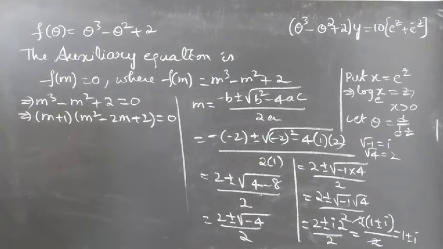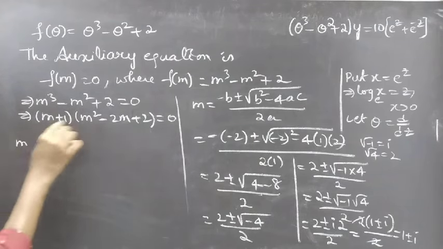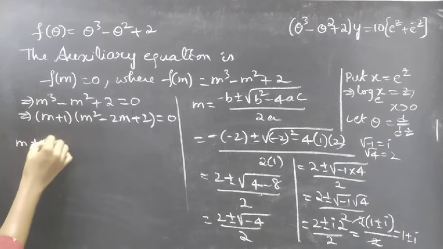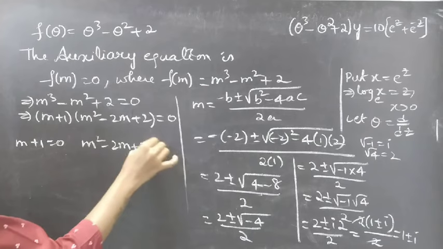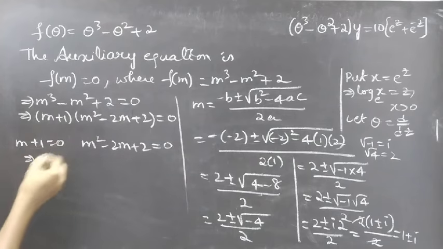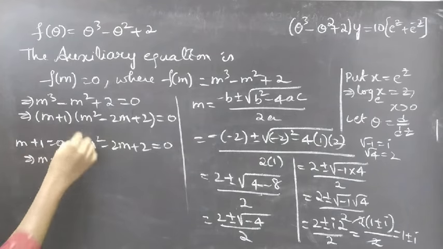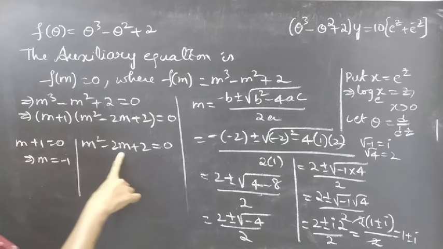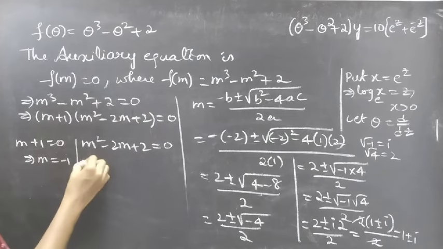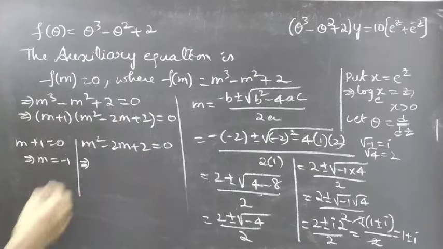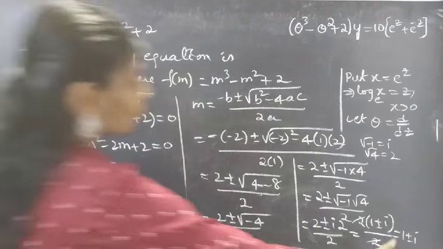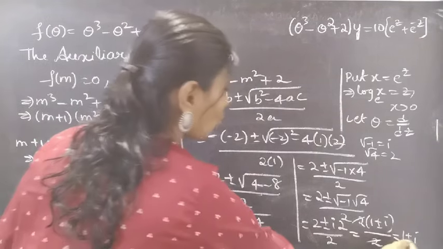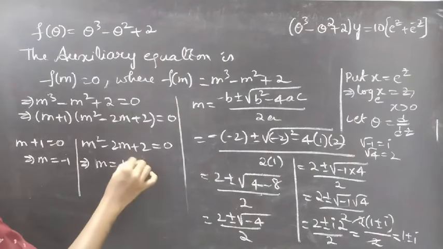See, when you equate each factor to 0, when you equate m plus 1 to 0, we will get one root, m equals minus 1. And when you equate this quadratic polynomial to 0, we'll get m equal to 1 plus or minus i, right?